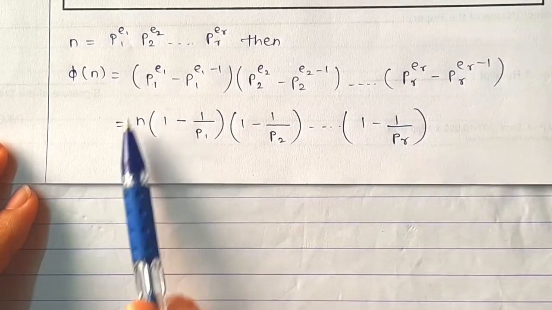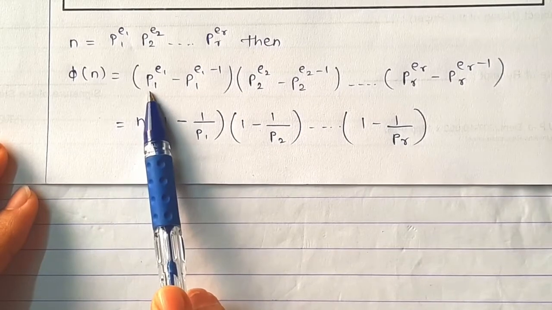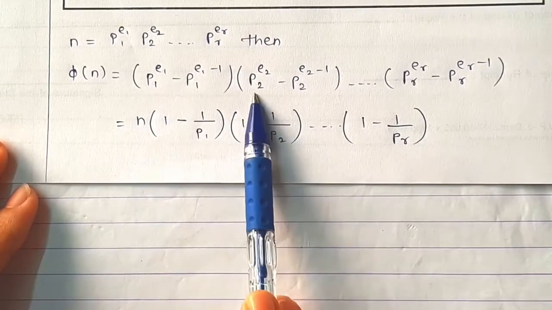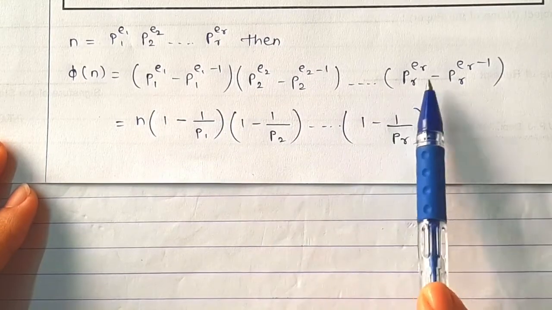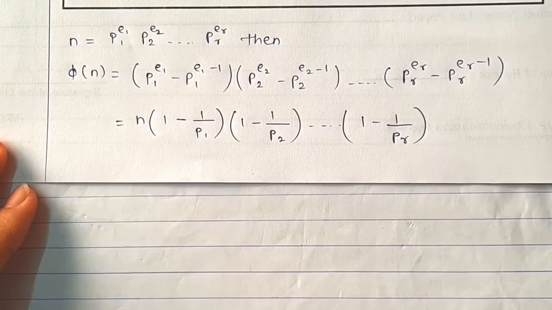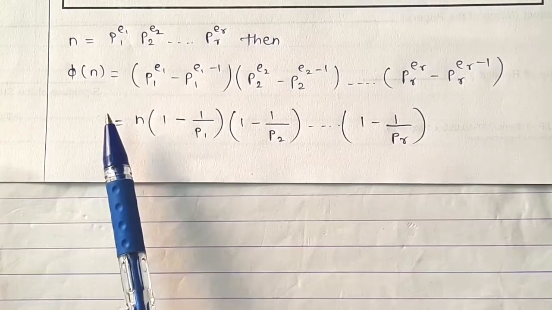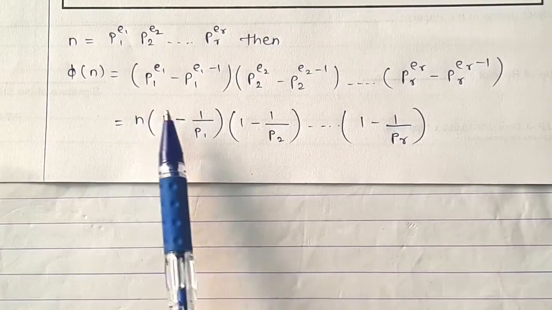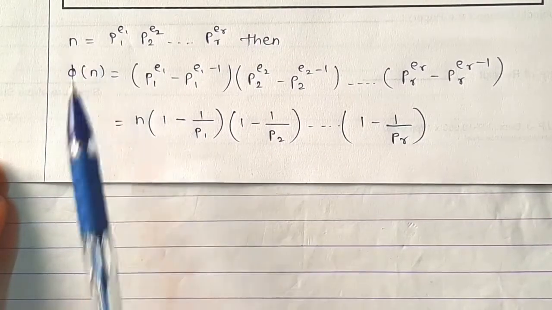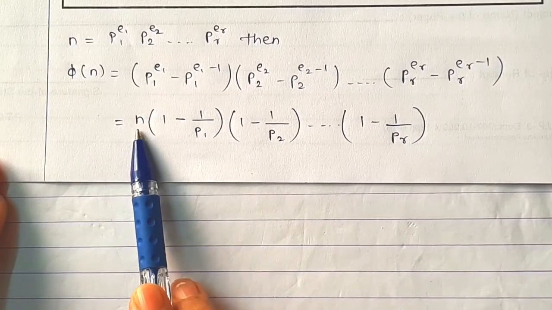Okay, now if we take P1 raised to E1 common from this bracket, P2 raised to E2 from this bracket and Pr raised to Er from this bracket, then outside we get P1 raised to E1, P2 raised to E2, Pr raised to Er, which is n.